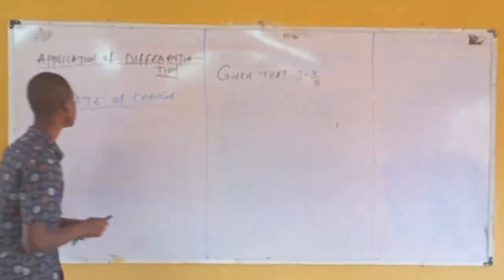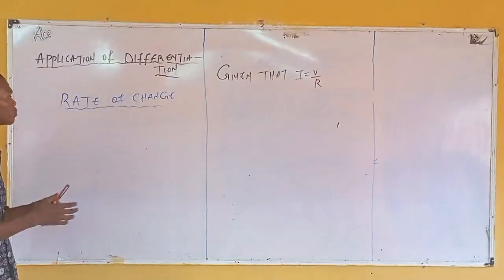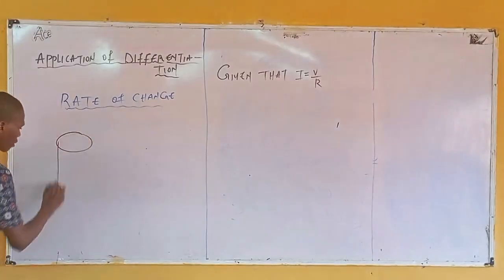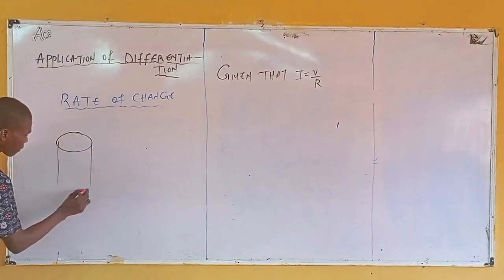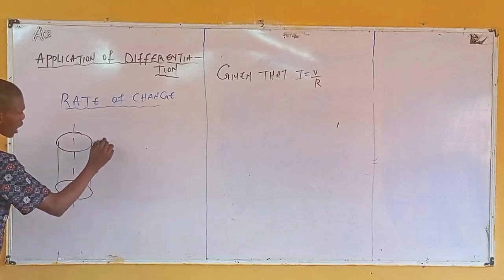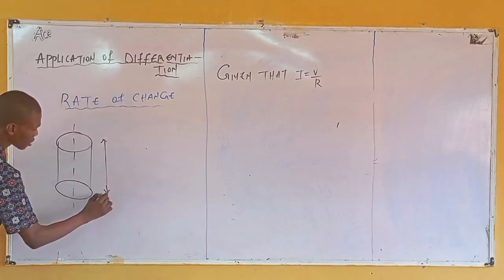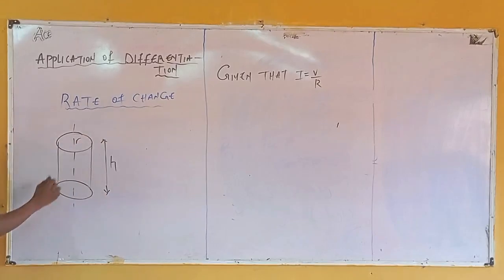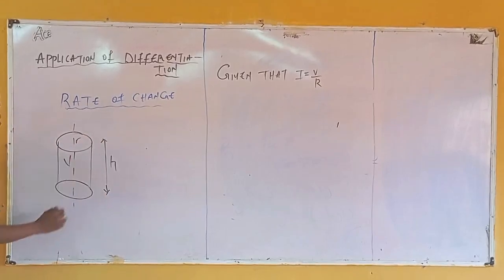Now, let's say you have this cylindrical shape. Let's say you have your cylinder. This is your height, right? This is your radius. Then, of course, this is volume.